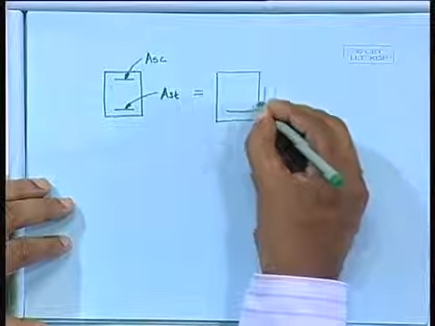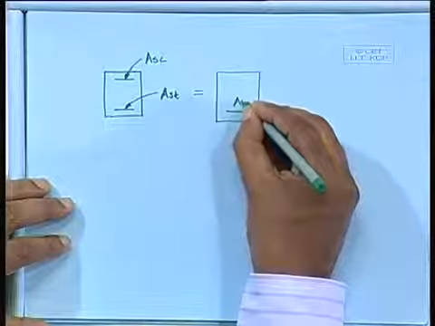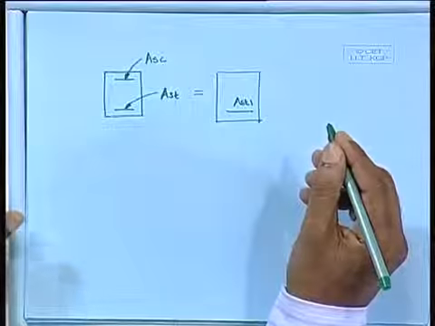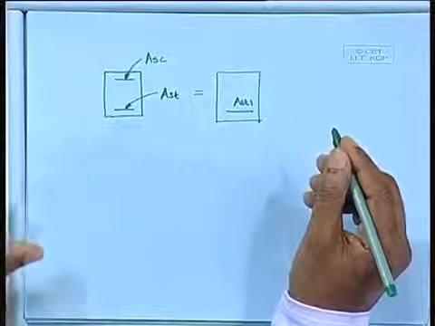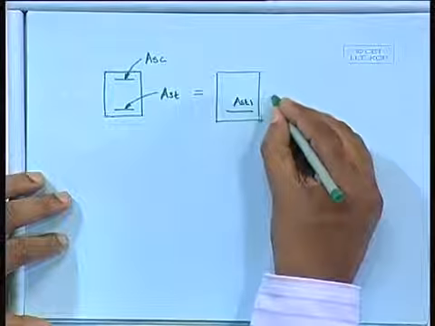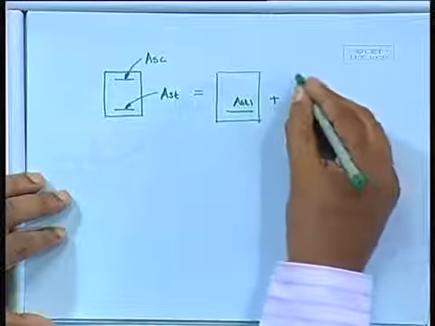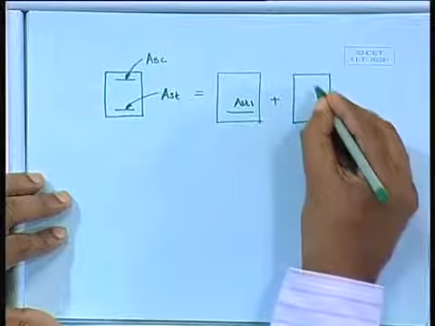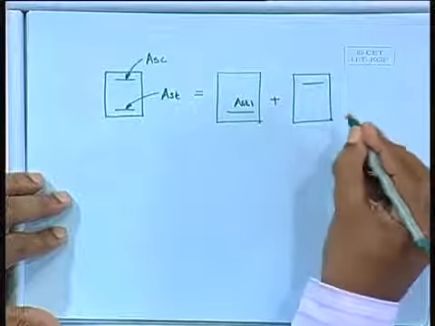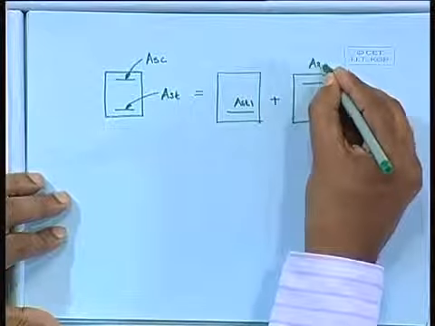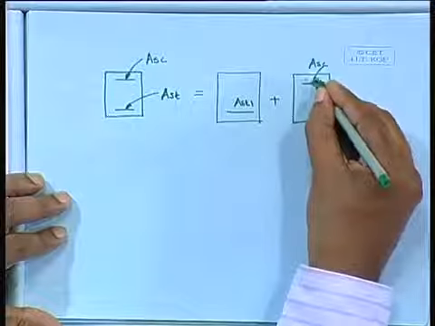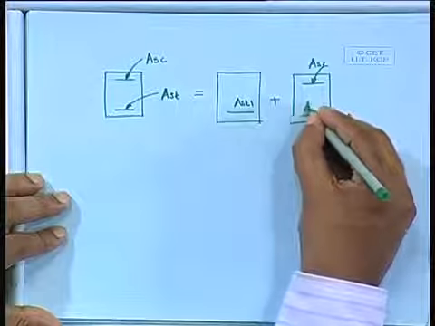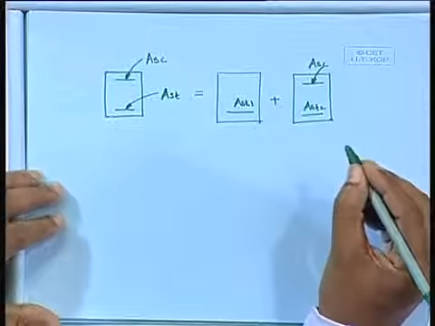Therefore, this portion has area of steel AST1 due to the singly reinforced section, plus the remaining portion, where I assume the action of ASC, area of steel in the compression side, and AST2, area of steel in the tension side.